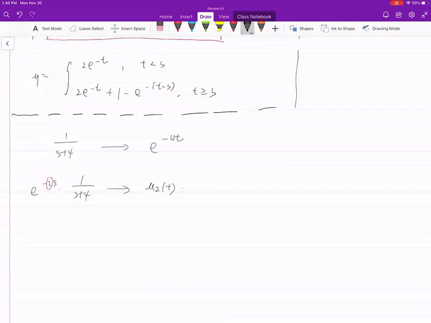E to the negative 4 times (t minus 2). Exactly the same thing, except this one changed to this, and you multiply by u_2(t) at the beginning.